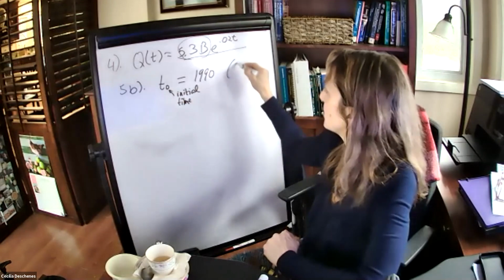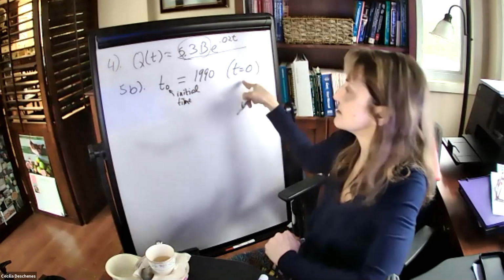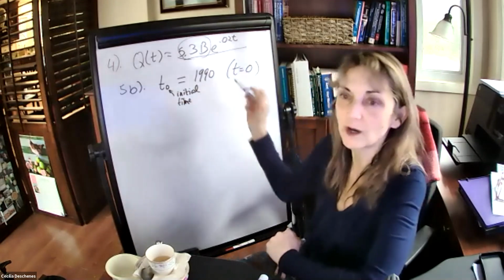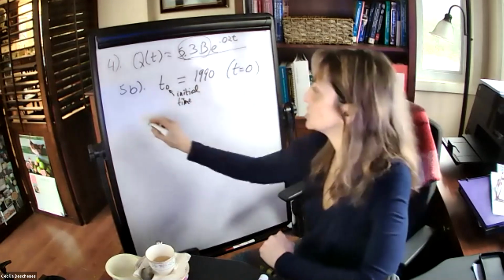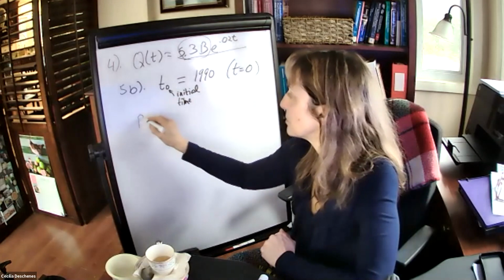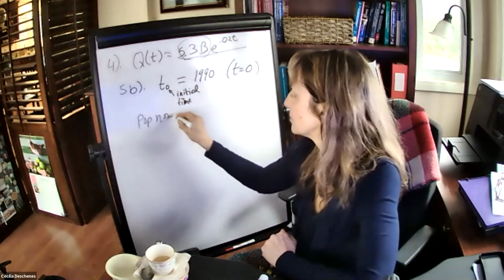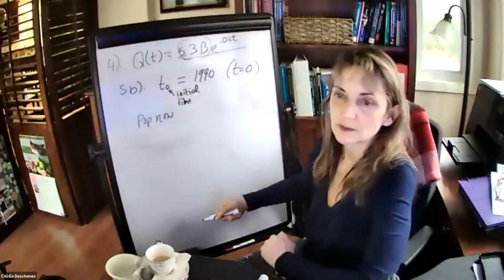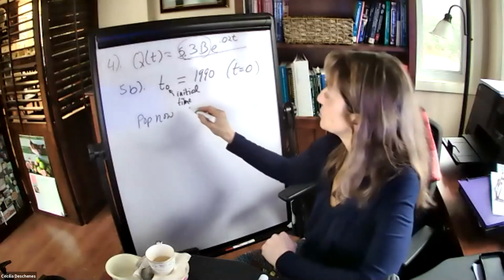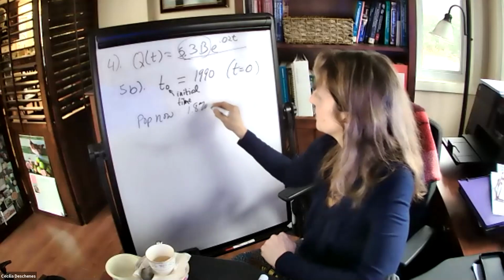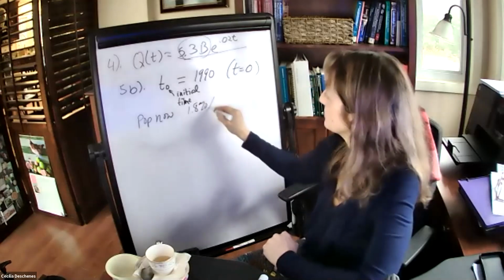And so what we mean by this is that time 0, just like Q naught is the initial quantity. What would be the world population now is what they mean. The population now if the growth rate was reduced to 1.8% per year.